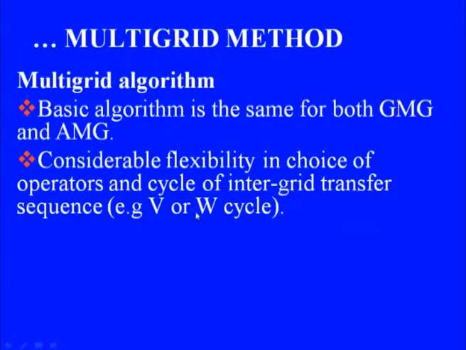That is, in what sequence we use our restriction operators, and in what sequence we prolong or interpolate our corrections from a coarser grid to a finer grid. There are various strategies available. A few typical examples are the V or W cycle. This symbol V or W stands for the way the restrictions and prolongations are employed.